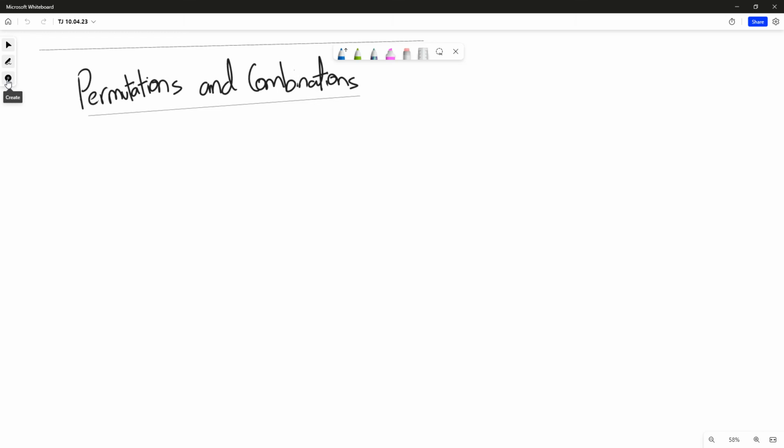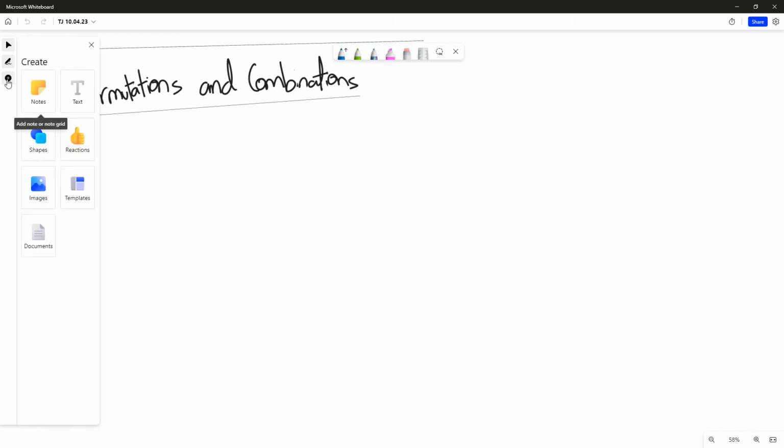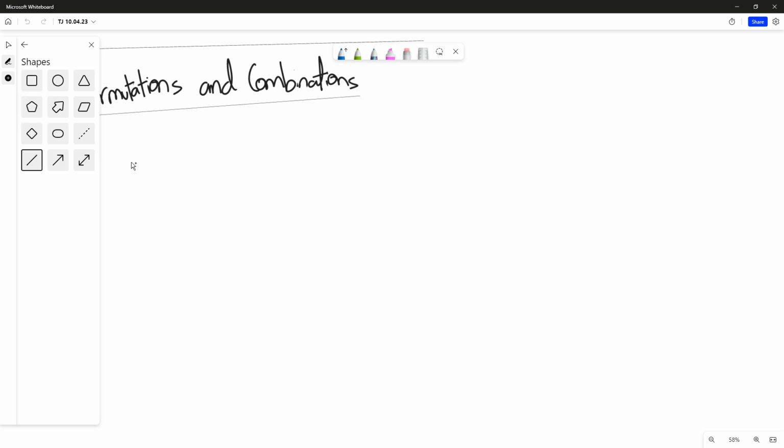All right, so permutations, combinations. Let's see if I can add a bit of a table of some sort, maybe just some lines in here.